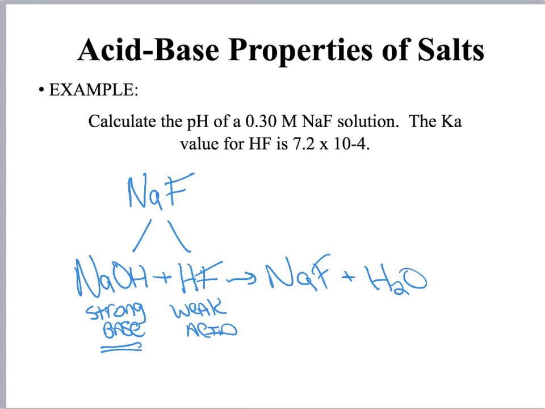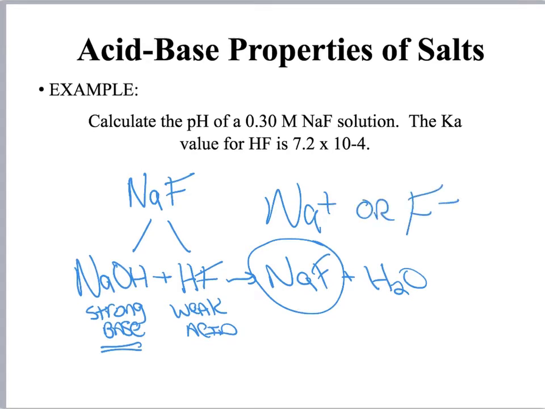So we have to think about which part of the NaF now is going to react or hydrolyze with the water to generate a basic pH. Basically, is it the Na plus or the F minus that will react or hydrolyze with the water in order to get me OH minus, because it has to be basic. Okay, so that's what we're trying to figure out here.